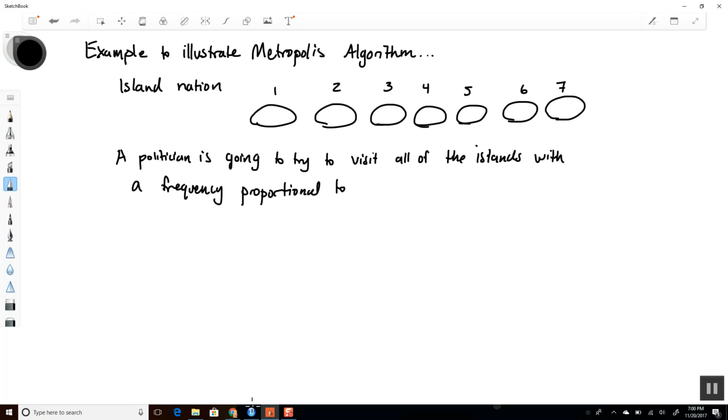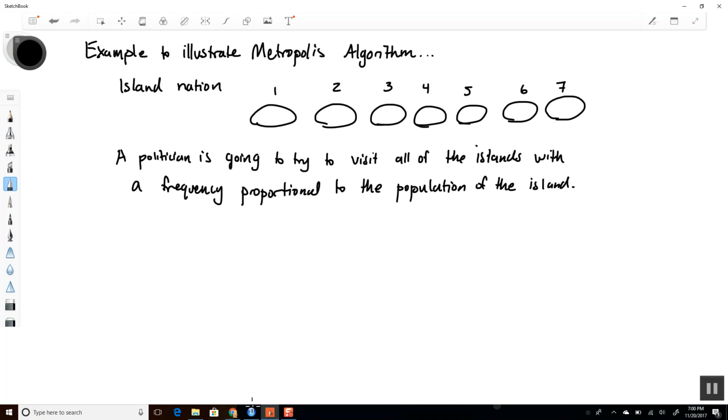In our example, Island 7 will have the greatest population, and Island 1 will have the smallest population, just for simplicity.